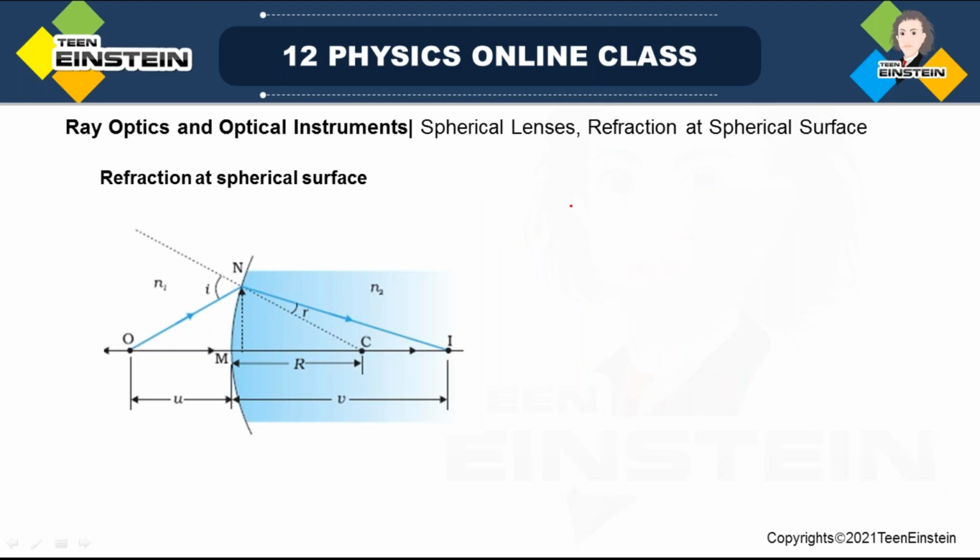That means what we have learned? We have learned that angle of incidence, angle of refraction, and normal to the surface at the point of incidence will be in the same plane. Okay? And the second law we have learned, that is Snell's law.